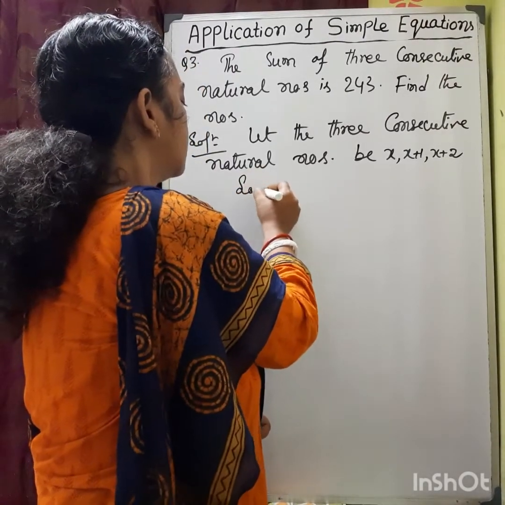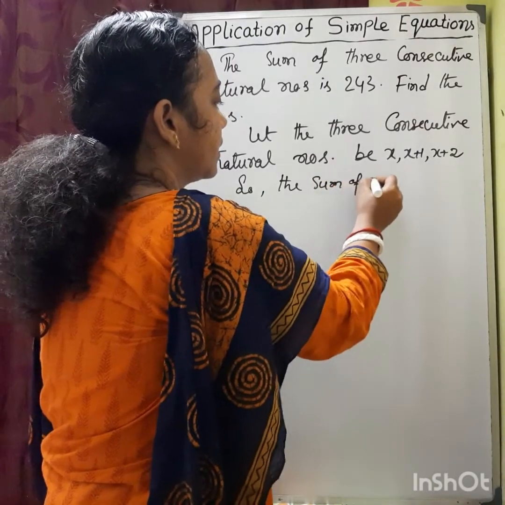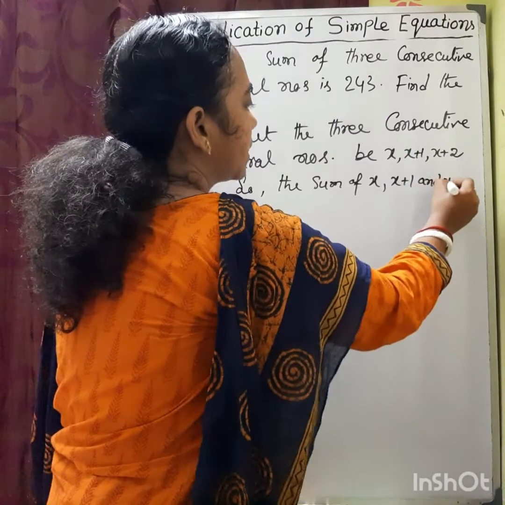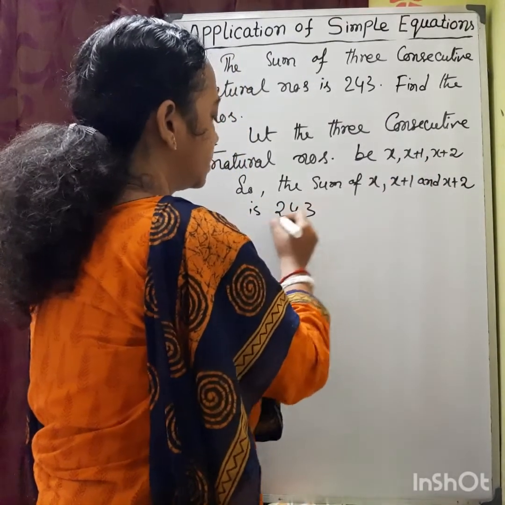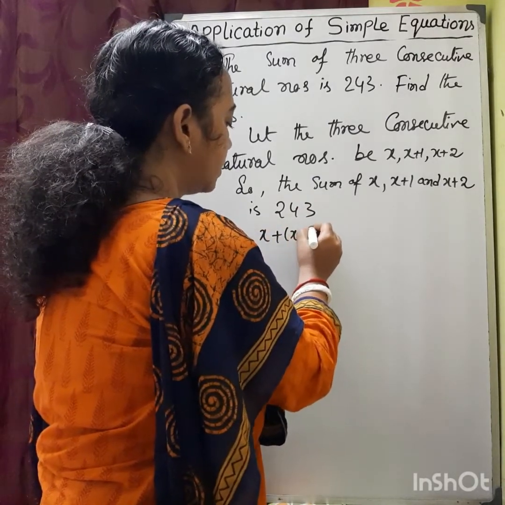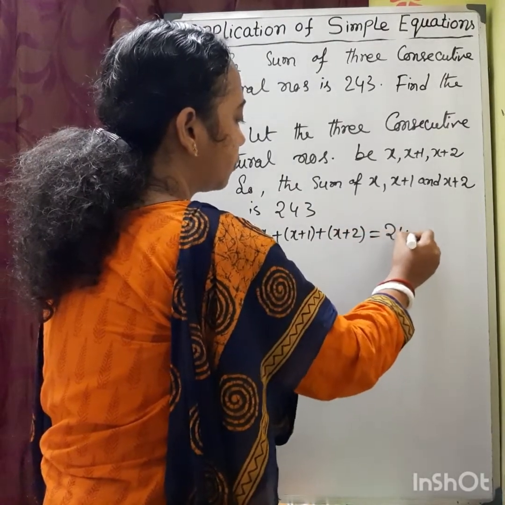So the sum of x, x plus 1 and x plus 2 is given here as 243. So this implies x plus x plus 1 plus x plus 2 is equal to 243.